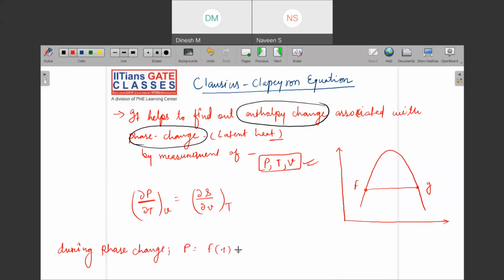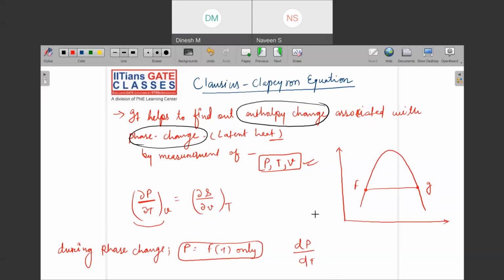Temperature only. Yes or no? The pressure is a function of temperature only. Then can I write this partial differential as the full differential? Yes, I can write dP upon dT.